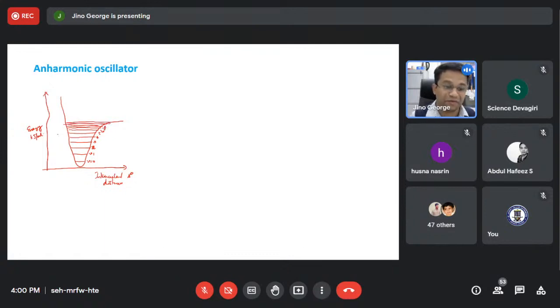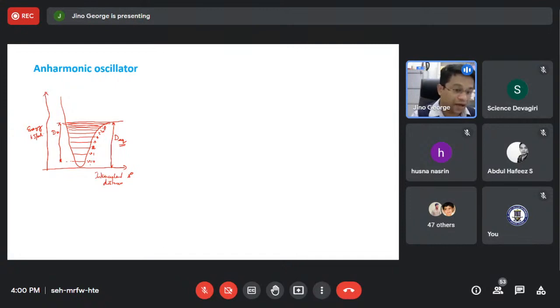It becomes a continuum. This is where you define D equilibrium, called the dissociation energy, and the distance from the zero point energy to the D equilibrium is called D0. This is how it is clearly defined.